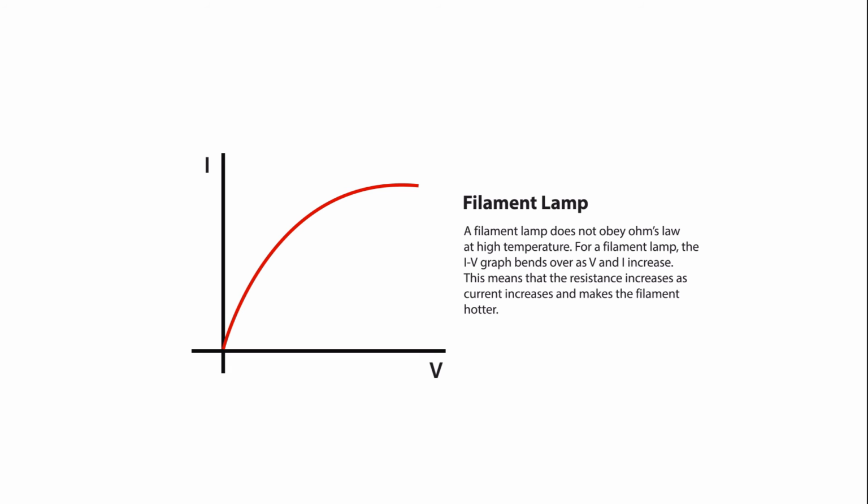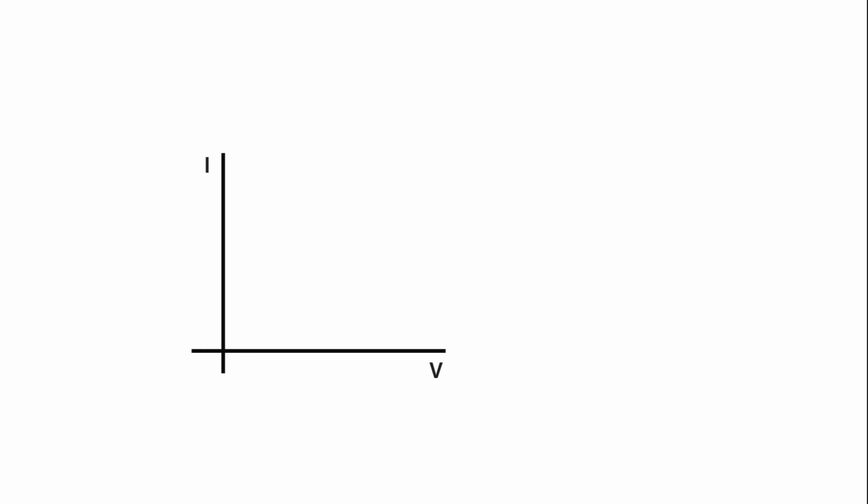And what that means is that the gradient for this particular graph decreases as we move upwards. So if we find the reciprocal, it is going to be increasing. And so resistance increases for a filament lamp as it stays on and becomes hot.